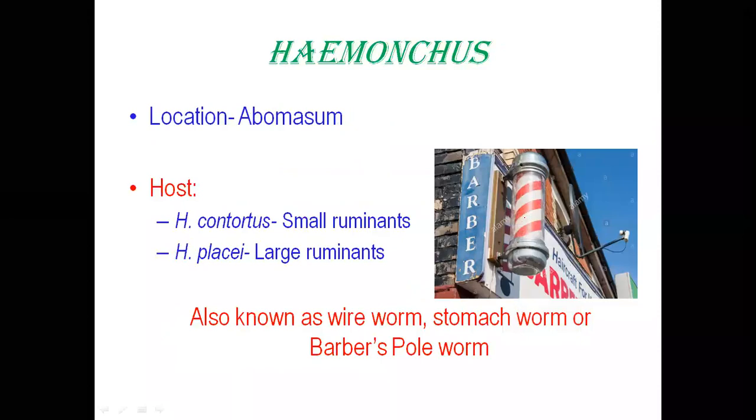All right, Haemonchus, as I told you, is no doubt the most important infectious organism in small ruminants in India.